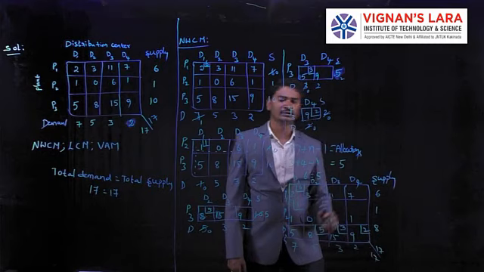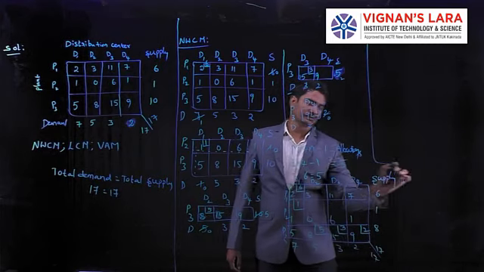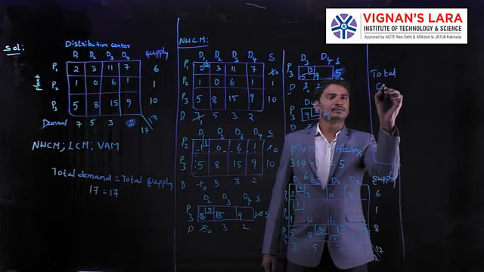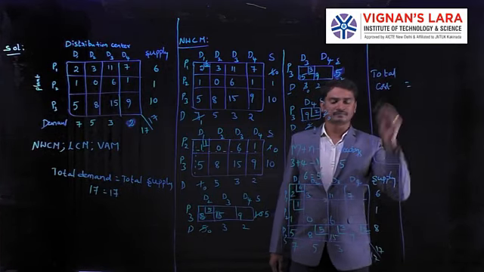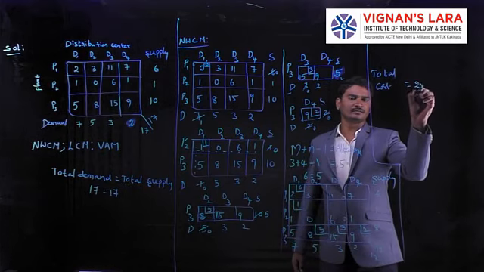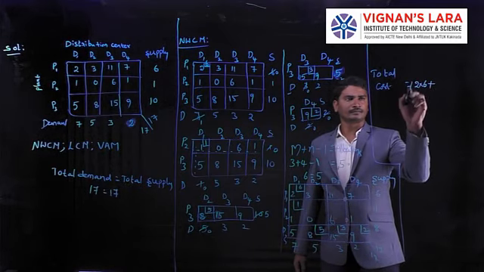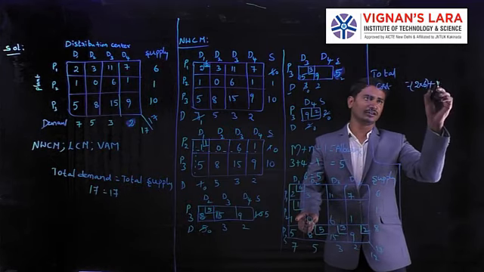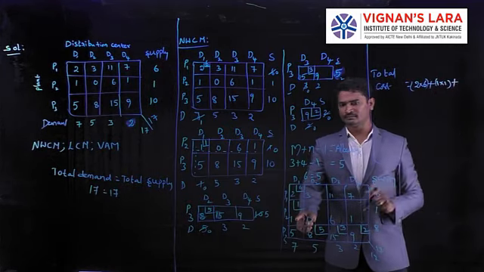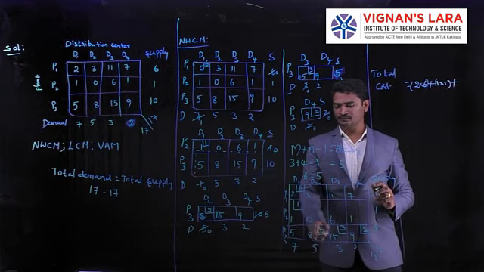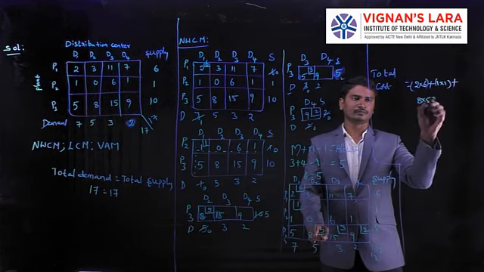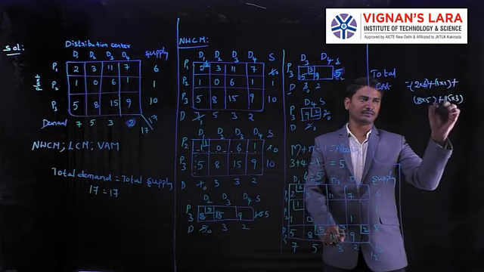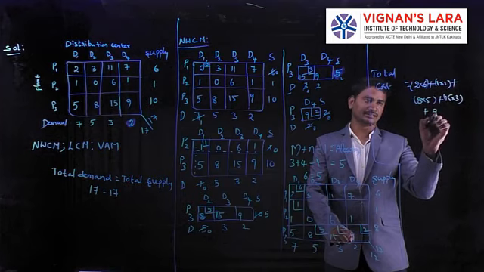Now we are going to find the total cost. From this table we are going to find the total cost. Total cost is first 2 into 6 plus, here there is no allocation, now coming to this 1 into 1 plus 8 into 5 plus 15 into 3 plus 9 into 2.